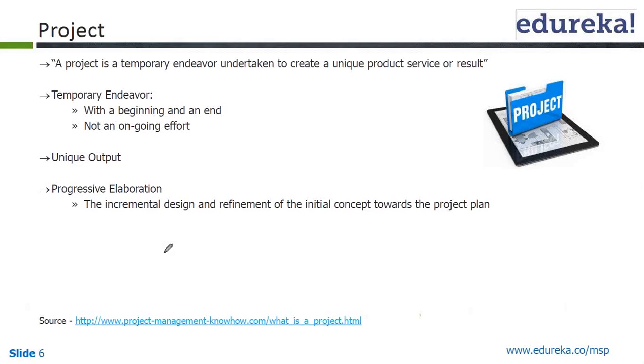You will have a very high level idea at the beginning of the project. Then as you go along, as time progresses, what happens? You have a better idea, better information with you.